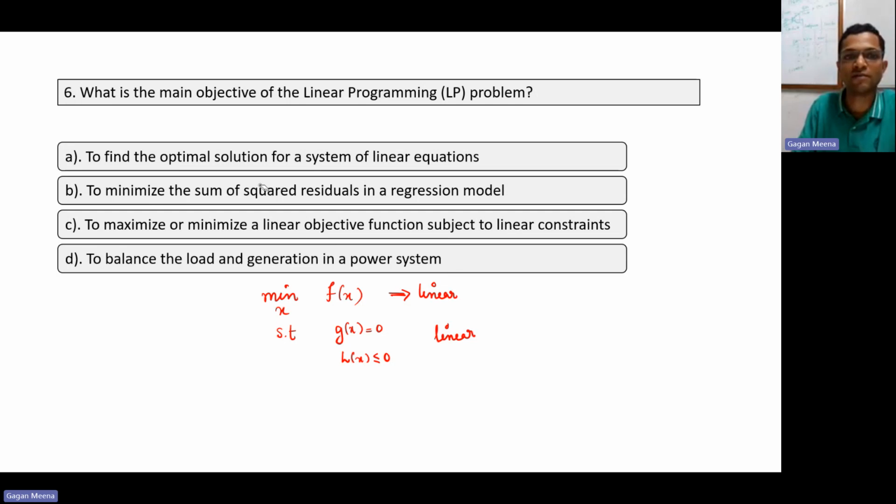The objective is to find the optimal solution for a system of linear equations, to minimize the sum of squared residue in a regression model, to maximize the linear objective function subject to linear constraints, to balance the load and generation. This is our balance equation.